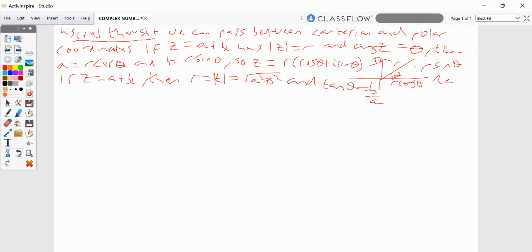Essentially, r sine theta divided by r cos theta. That's what I'm going on about there. Of course, I want to make sure a isn't 0.